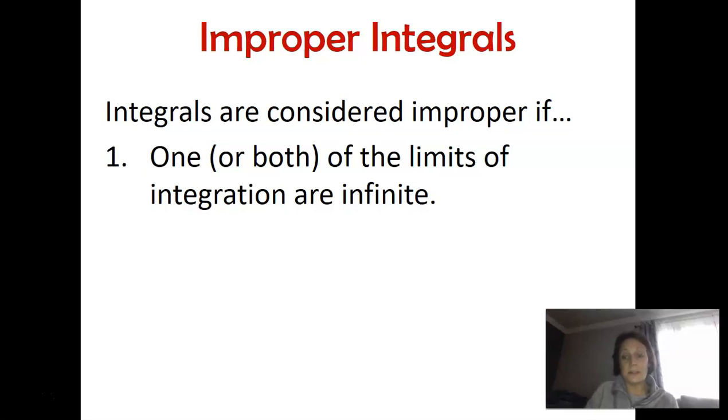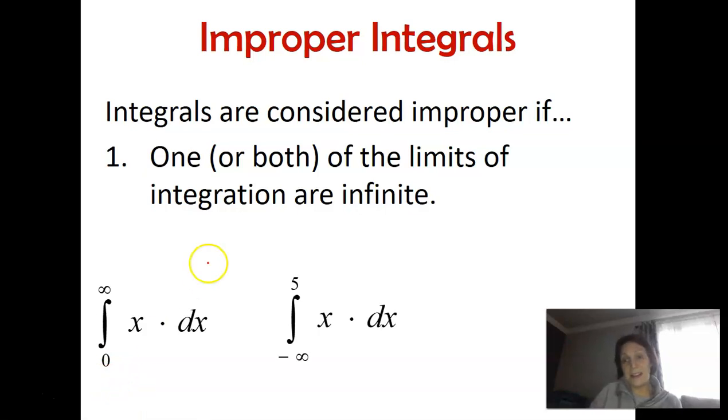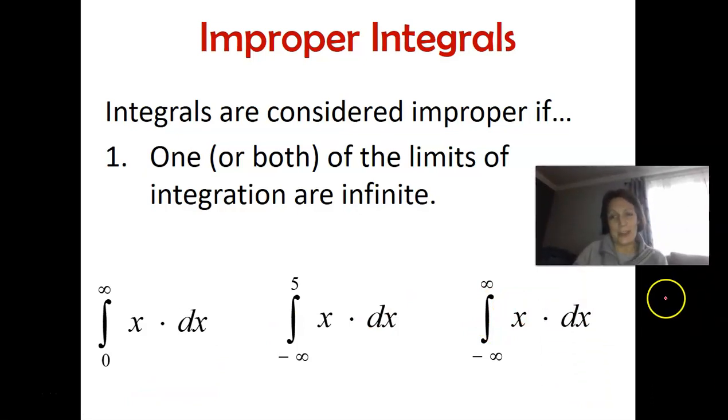So in other words, something like that, where I'm doing the integral of a graph from 0 out to infinity. Or something like this, where I have negative infinity up to 5. Or even better, something like that, where we have an infinity at both ends.